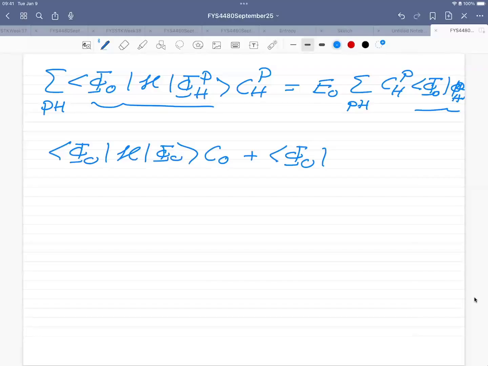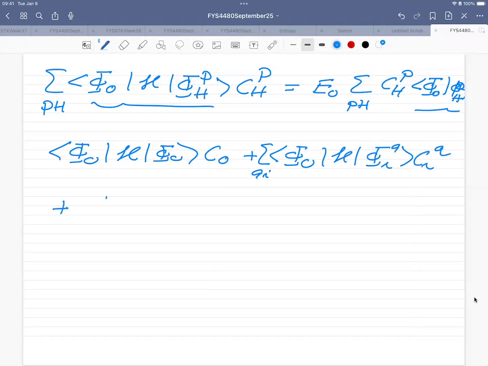And now we should be a little bit careful here, because this is a sum over all the particle hole excitations. And we have H, and then we have phi of IA, and then we have the coefficient CIA.